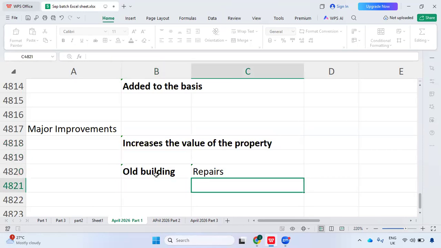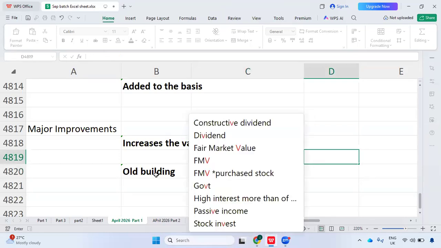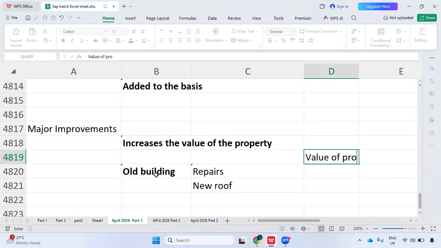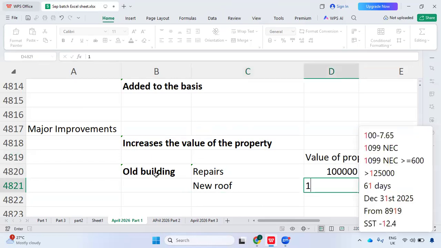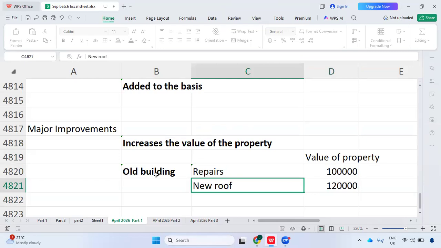Let's say for the same old building, the taxpayer put on a new roof. The value of the property is $100,000. After the new roof, the value becomes $120,000 because they made changes to the building. So with that, the value of the property increased.